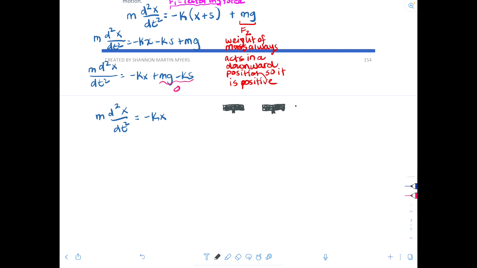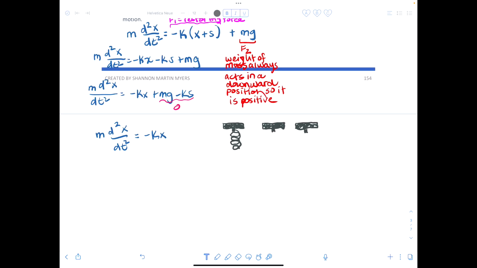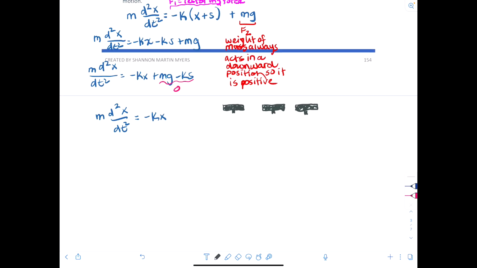So it's the same spring. These are just the holders. All right, so this will be the spring, without any mass on it. Cool, cool. So then it would be just like that, no stretch to it at all.